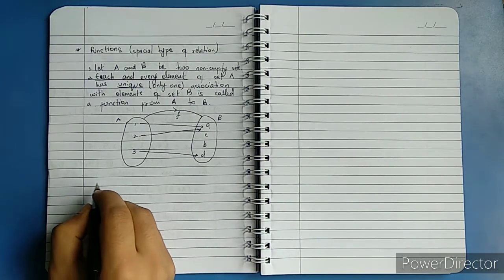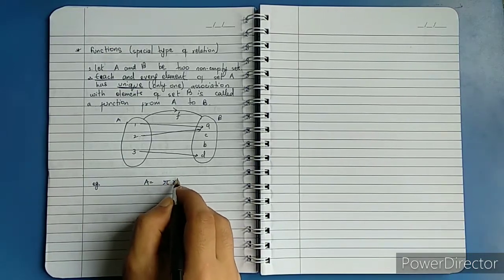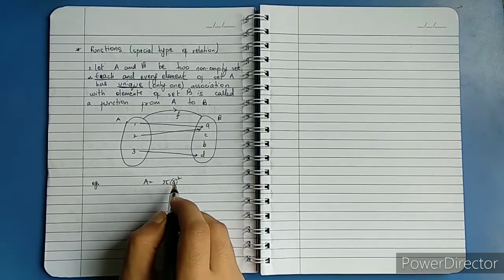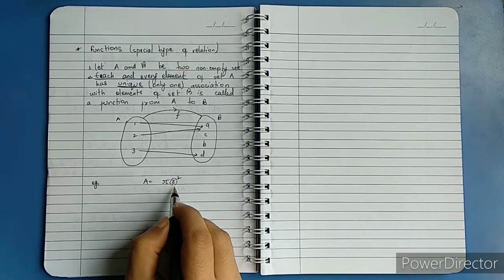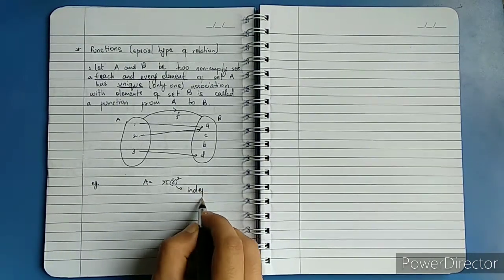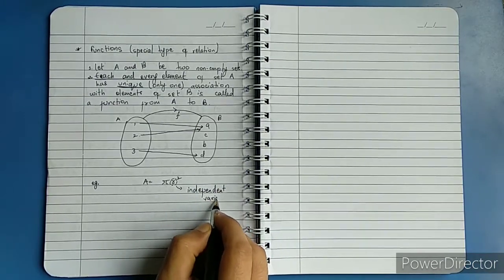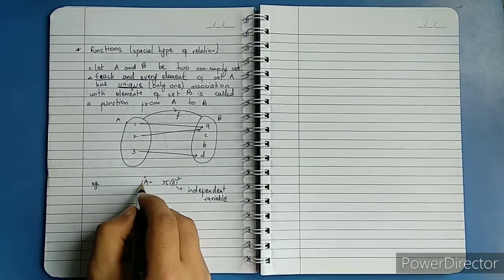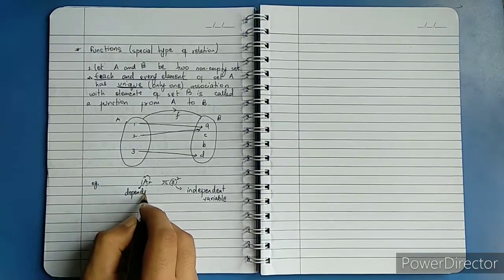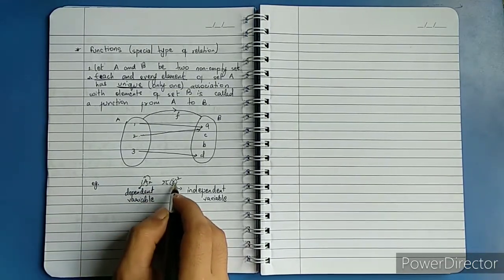Okay. So let's consider an example. A equals pi r square. So here r is basically our independent variable. And A is our dependent variable, because the value of A depends upon the value of r.